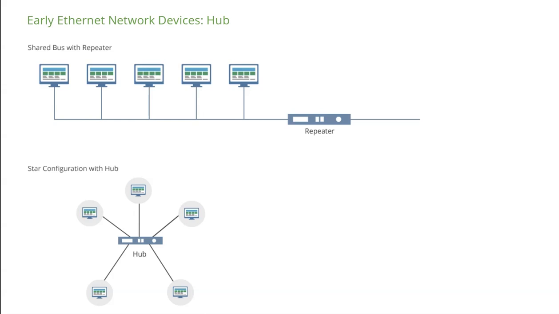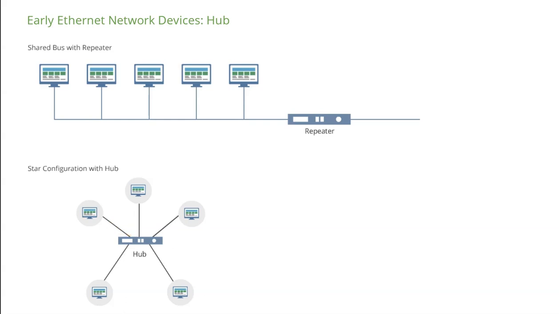In a star configuration, each device uses its own twisted pair cable to connect to a port on the hub. If a cable fails, it will impact only one device, and if one device is causing trouble on the network, that individual device can easily be unplugged.